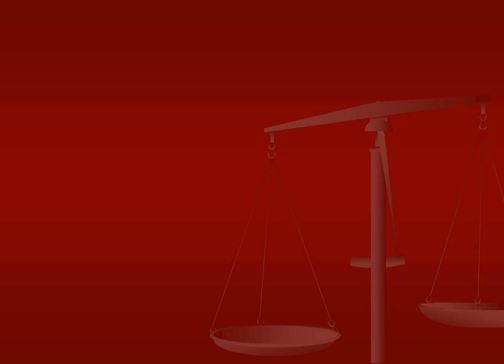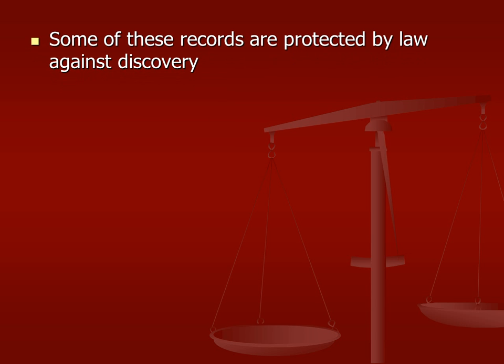And again, I know I keep saying I'll show you that later, but when we go over the Alabama Law Manual and Alabama law specifically, I'll show you in regard to quality improvement records or quality assurance records and incident reports are included in that, that they are not discoverable, meaning we don't have to give those up. So some of these types of records are protected by law against discovery.